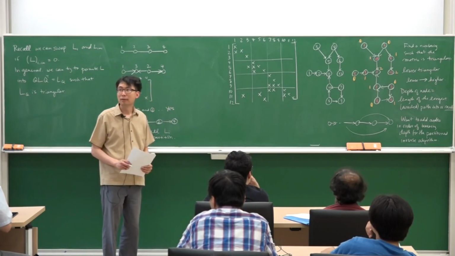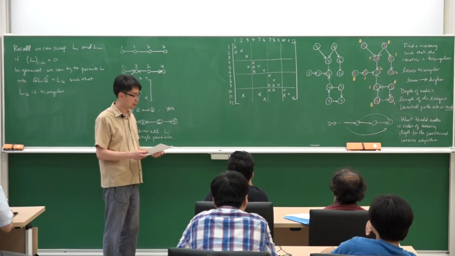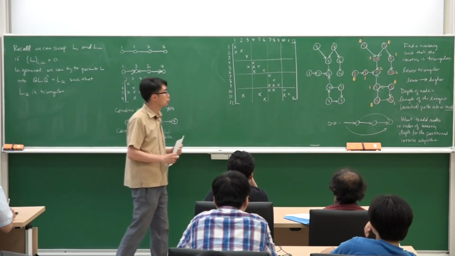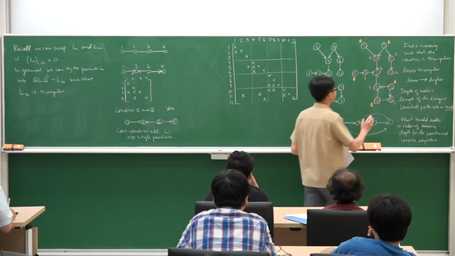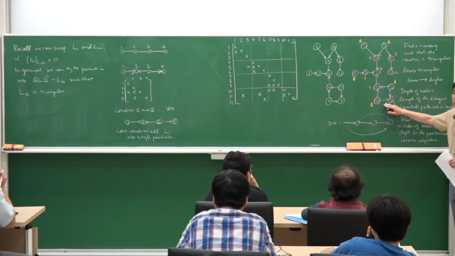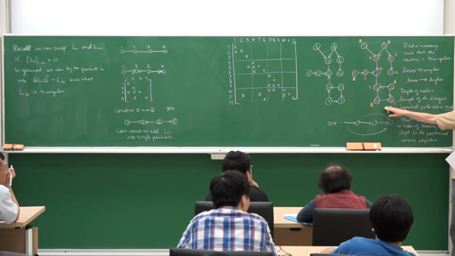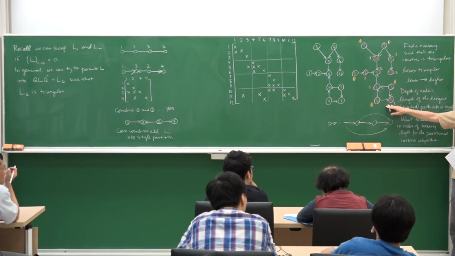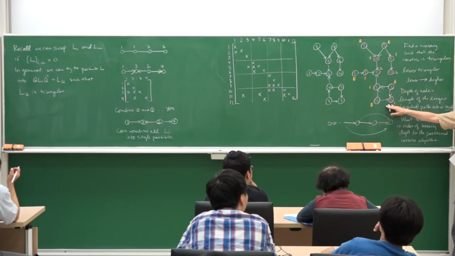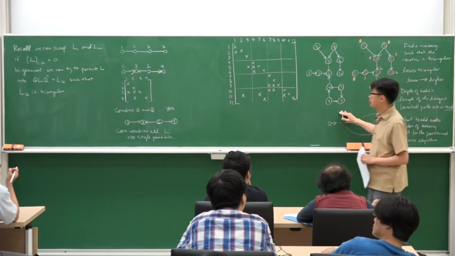Okay, so exercise for tomorrow, very simple, is to take this numbering that we have in red over here and to find the partitions. And the interesting question is whether or not the number of partitions is smaller than for this graph.